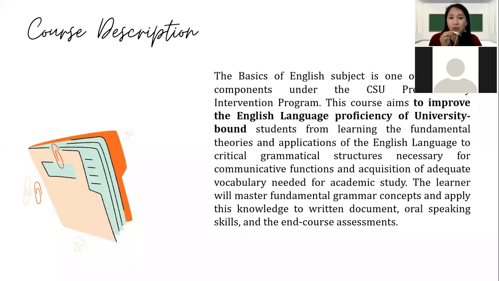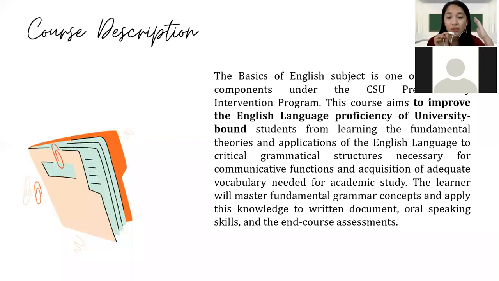Okay. So, applications of the English language to critical grammatical structures necessary for communicative functions and acquisition of adequate vocabulary needed for academic study. So there you have words such as grammatical structures, not just simple grammar, but also critical grammar. We are not just trying to learn about conjunctions, right?